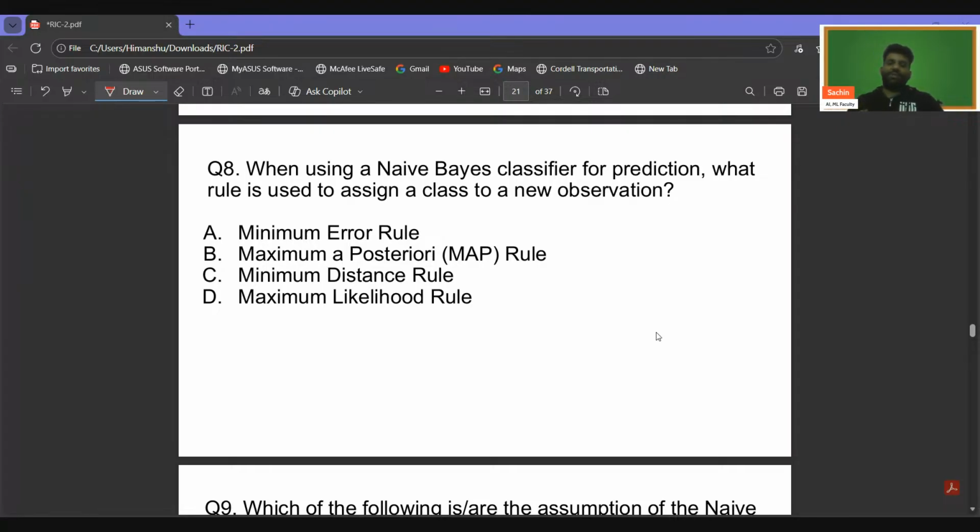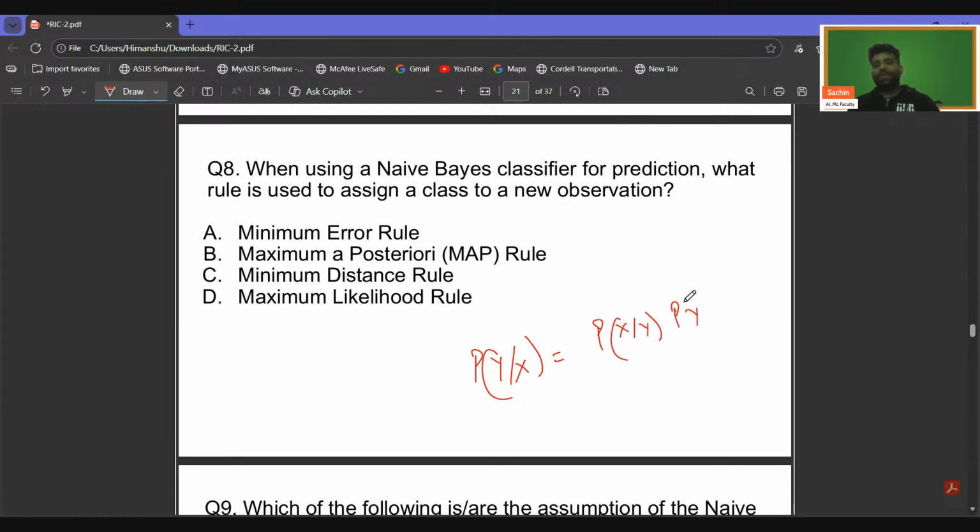Think about this. So I hope you remember, in naive Bayes, we are actually calculating the posterior probability, something like this. Probability of y given x is being calculated based on x given y into probability of y upon some marginal probability in the denominator, which is basically used for the normalization.